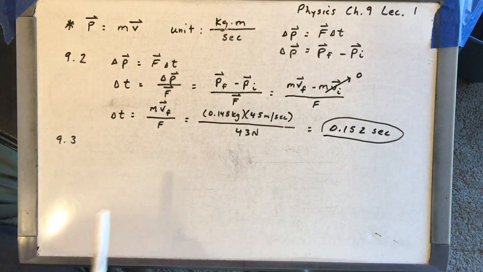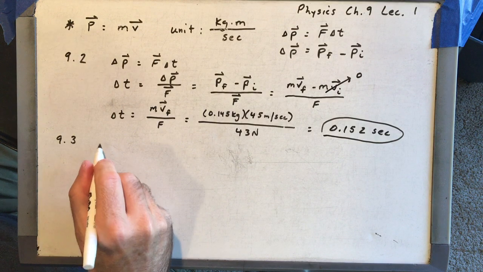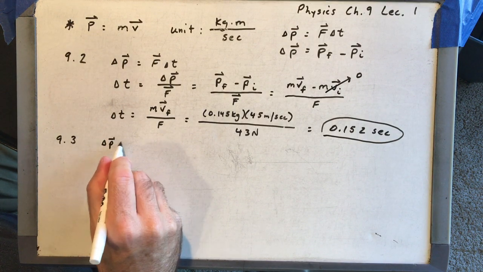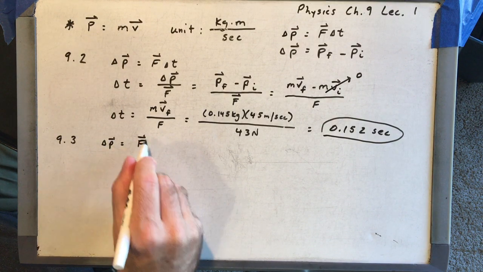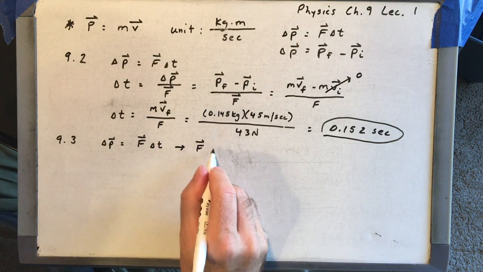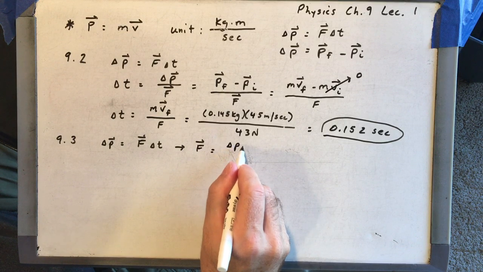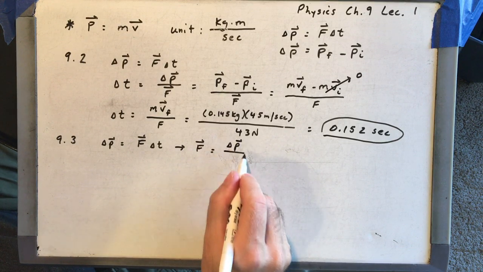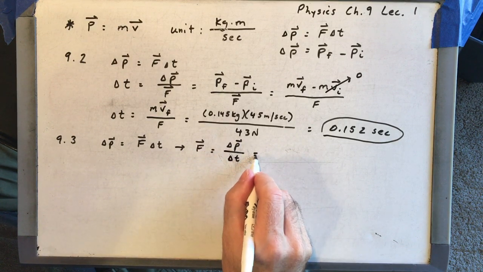All right, so using the momentum equation, change in momentum is equal to the force times the change in time. This time we want to know the force. So that's going to be the change in momentum over the change in time.